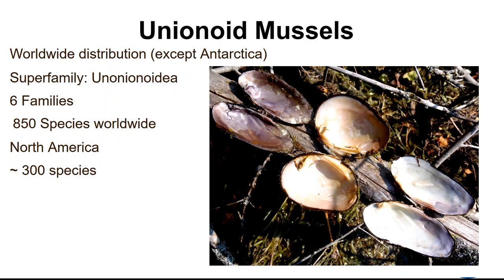Again, I think some of this taxonomy is going to be changing, especially because we're starting to combine traditional morphological work, looking at the shapes and anatomy of these organisms, with genetics that sometimes tell a different story. And I think that's going to be an interesting thing to follow as we work on the conservation of this group.